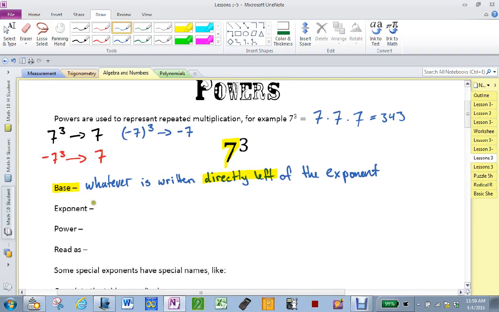The exponent. Again, I'm not going to tell you what it is because you already know that. What I am going to do is tell you what it is called. The exponent is the superscript, which is the proper word for it. The little number up and right of the base.